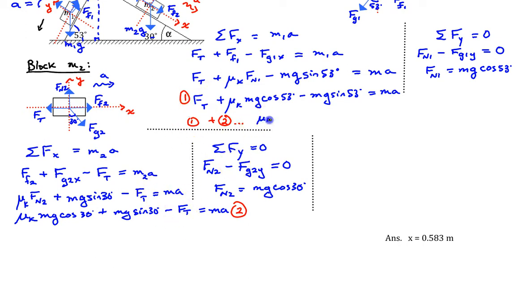You'll get mu k g cosine 53 minus mg sine 53 plus all of this, mu k times mg cosine 30 plus mg sine 30.